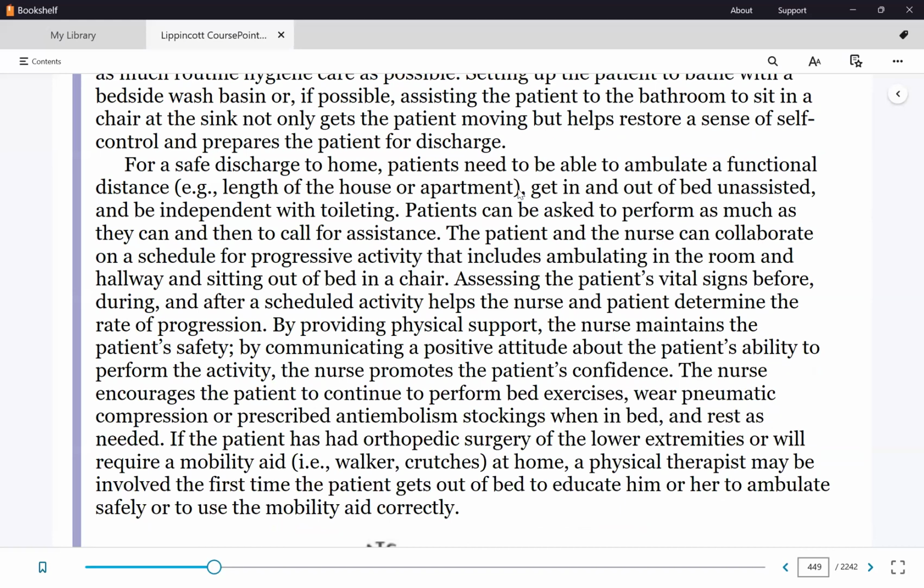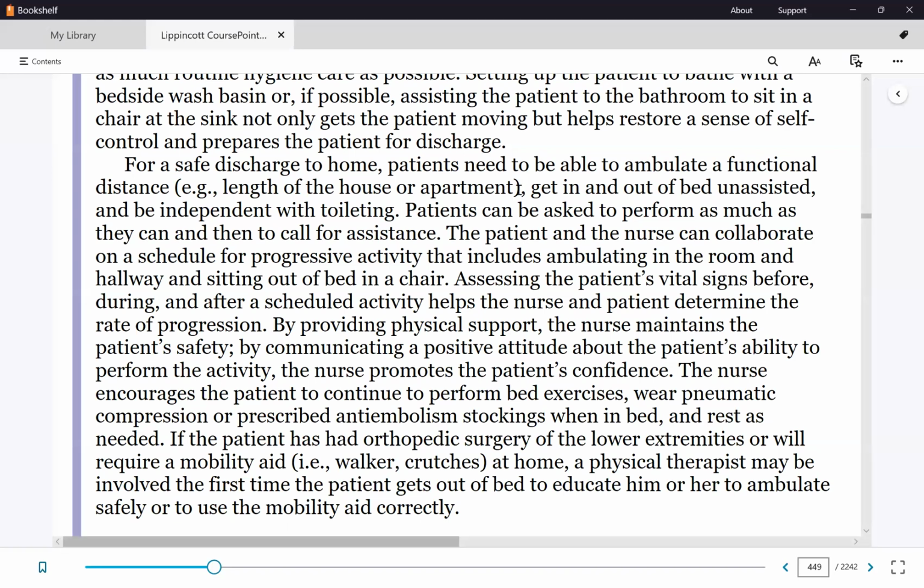Question: when should they be on? When the patient is in bed or out of bed? What about in the chair or recliner? Whenever the patient is not ambulating, those sequential compression devices must be on. Are we clear?